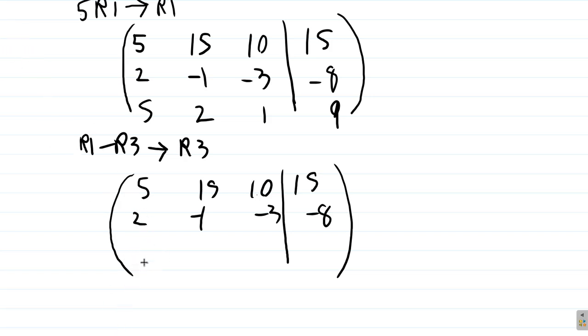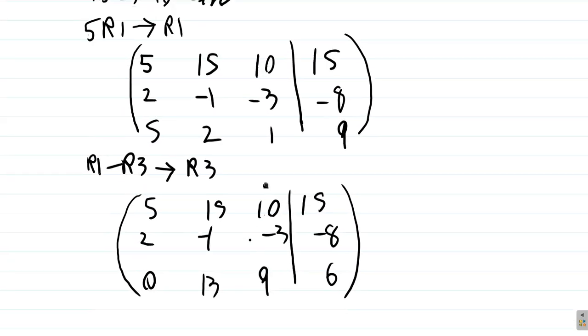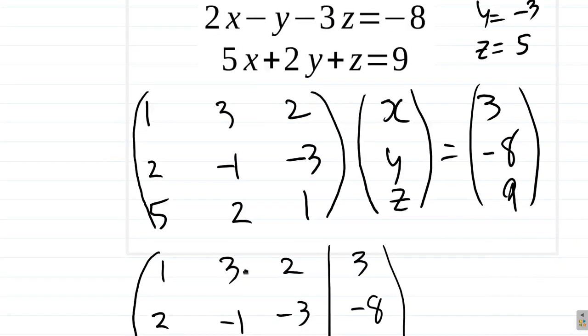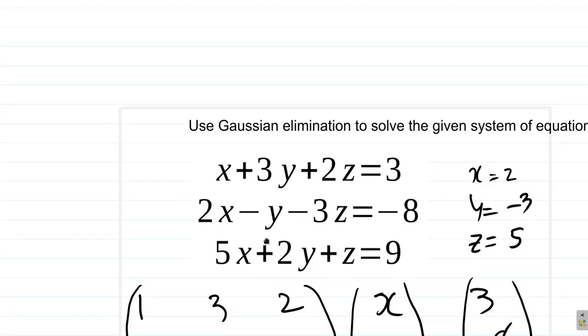So we have our 0 here. 15 minus 2 is what? 13. And 10 minus 1 is 9. 15 minus 9 is what? 6. Alright, so that's what we have. Now, this would be like equation 1 times 5, and then equation 1 minus equation 3. Right?